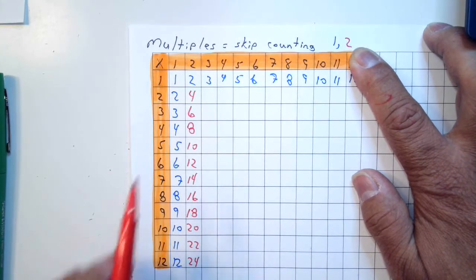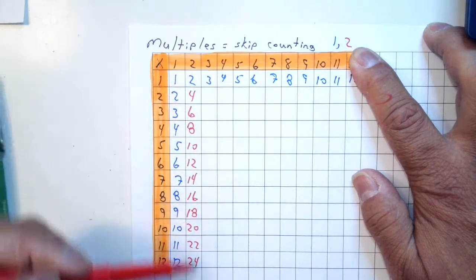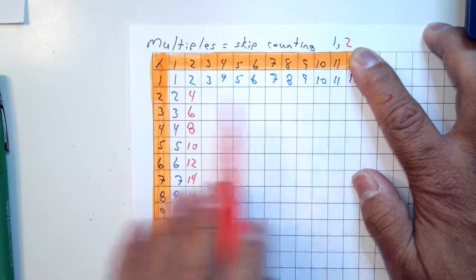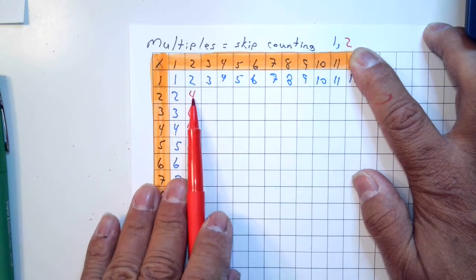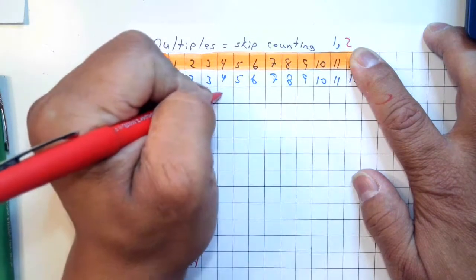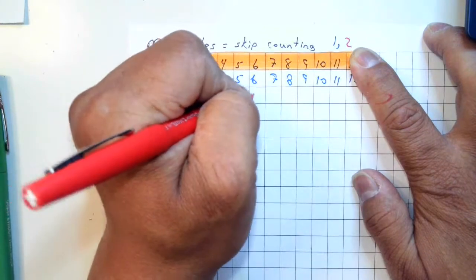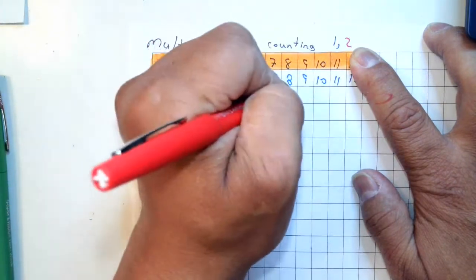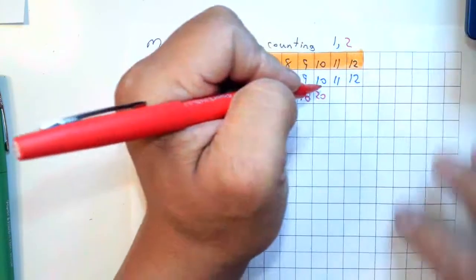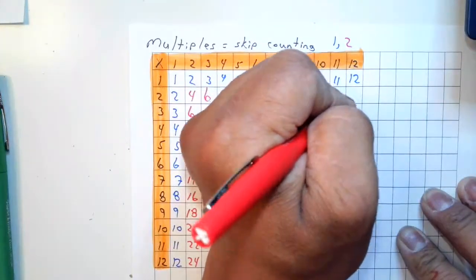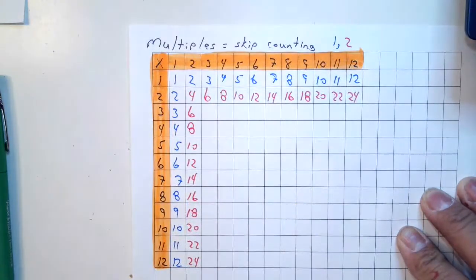Now, because we did our multiples of 2 going down, now we're going to go across. Multiples of 2, starting with the first one. First one is 2, 4, 6, 8, 10, 12, 14, 16, 18, 20, 22, 24.